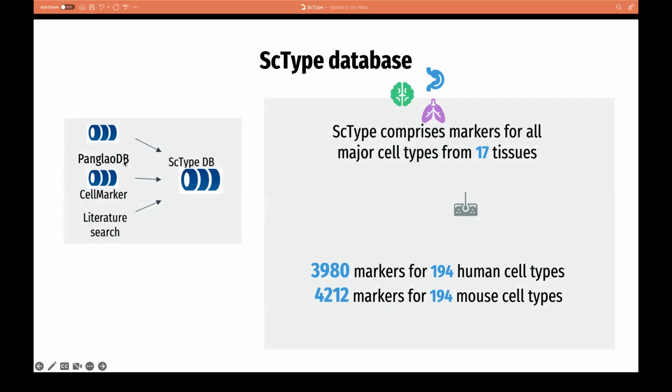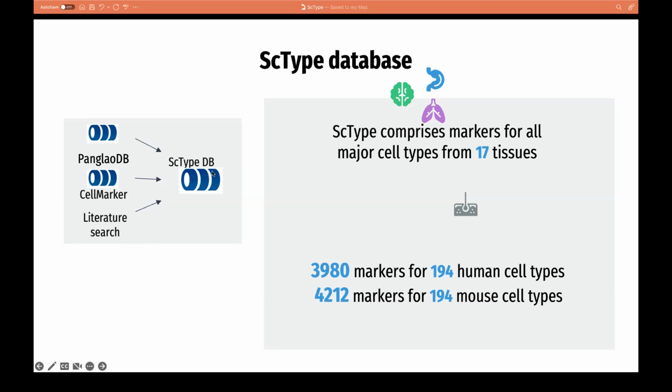For example, PanglaoDB was there, CellMarker was there, and we performed an extensive literature search in PubMed for markers not included in the CellMarker database, and many companies, for example, BD Biosciences and others, also provide their own marker databases. So we went through the literature, combined it, and made our SC type database and curated it manually.